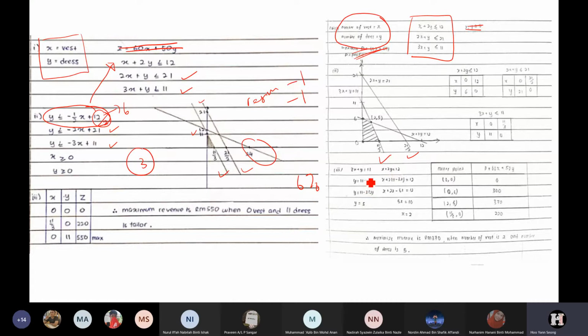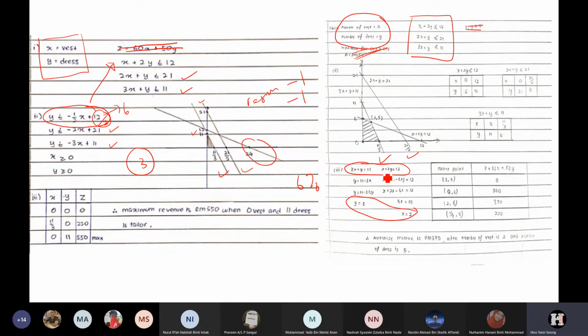As I said before, you can just use 3x plus y equals 11 and x plus 2y equals 12, key them into your calculator, and you will get x equals 2, y equals 5. That is enough. But if you want to do it this way, nothing wrong. Sometimes we just want to save time or avoid some careless mistakes.